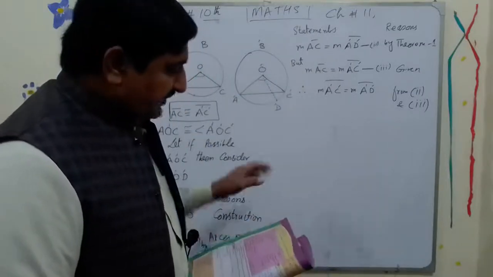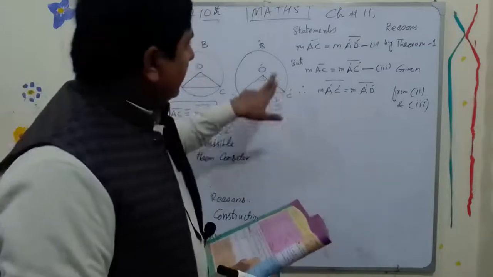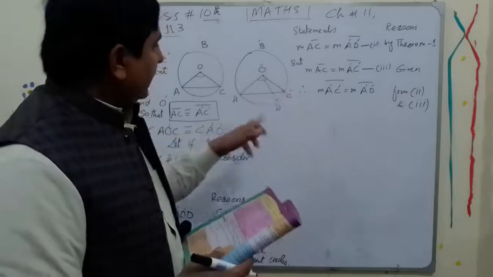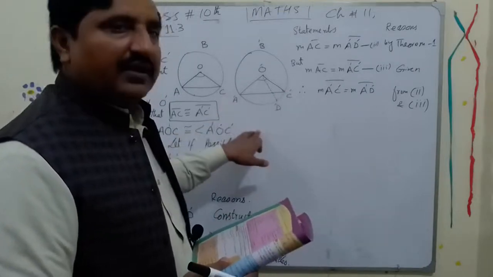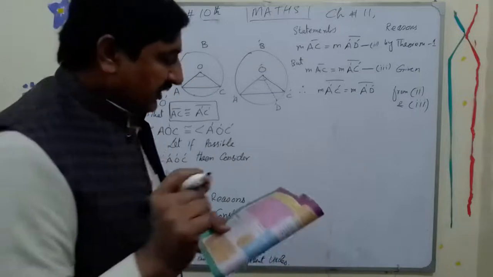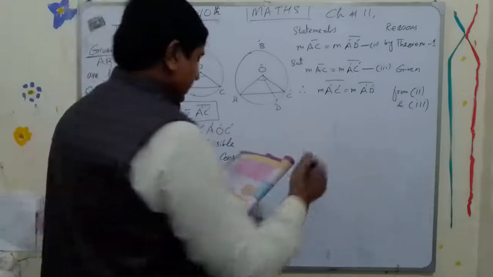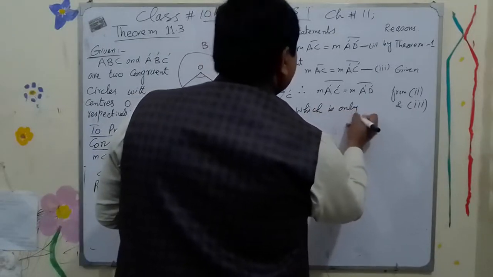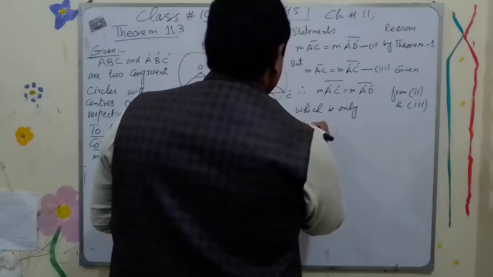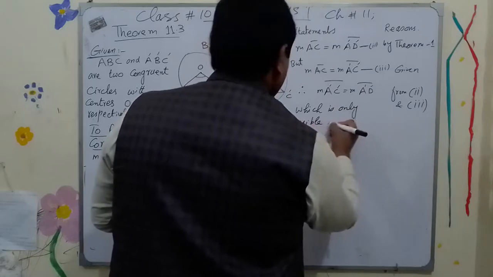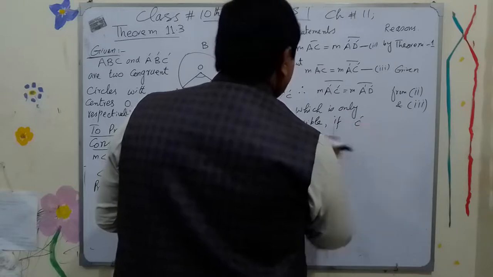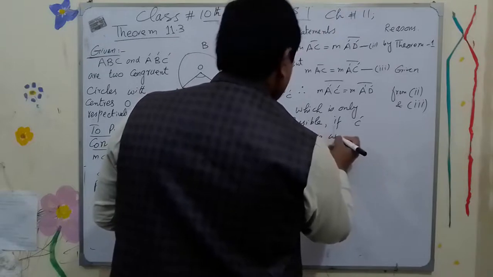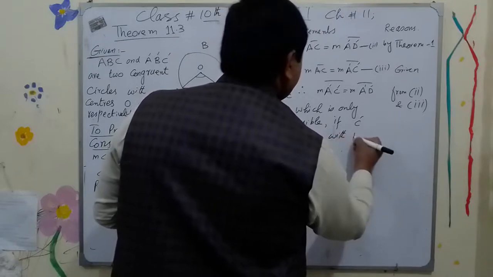Now look at this. When is it possible that AC is congruent to AD, this chord AD? It is only possible when the points C and D coincide, which is only possible if C prime coincides with D prime.